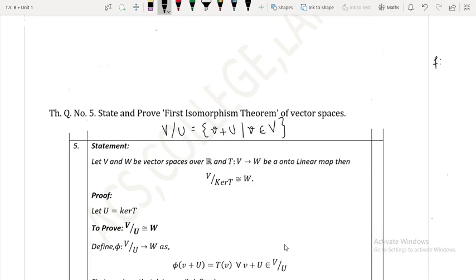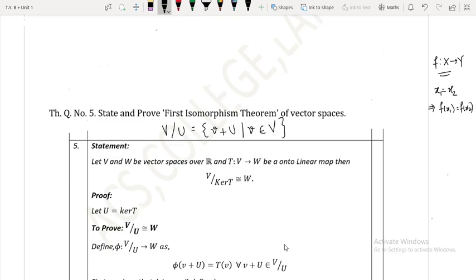If you have a certain relation from X to Y, and suppose we have to show that it is a well defined function, how do we show it? We start with x1 equal to x2, and we prove that f of x1 is equal to f of x2.